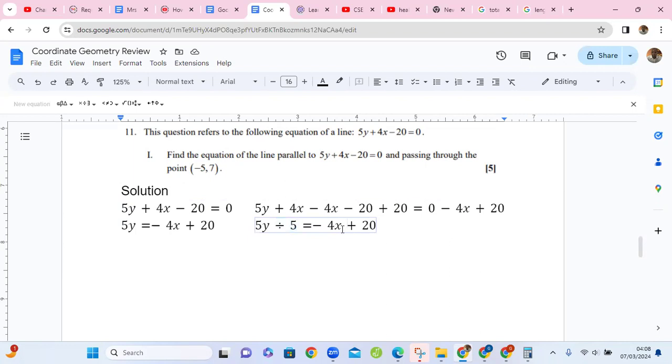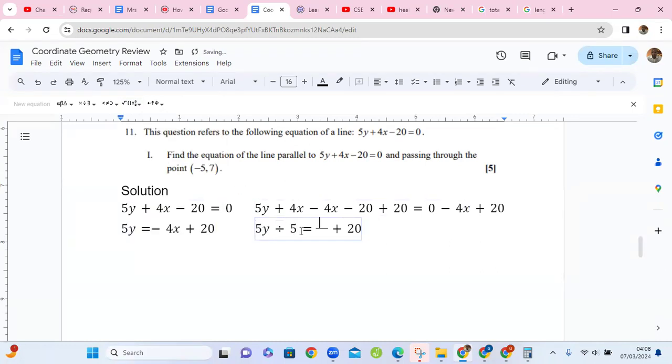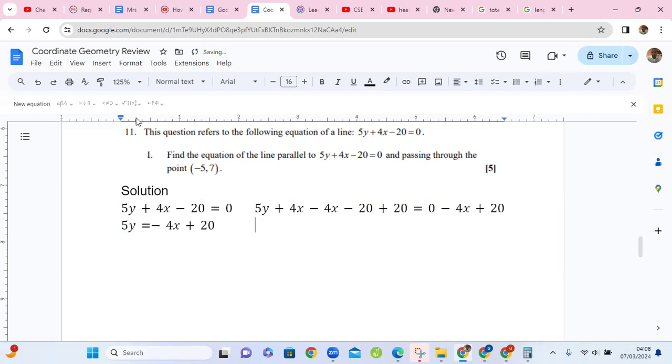Now we have to divide both the -4x and the 20 by 5. We can do this in fraction form, and we can write the left side in fraction form also.